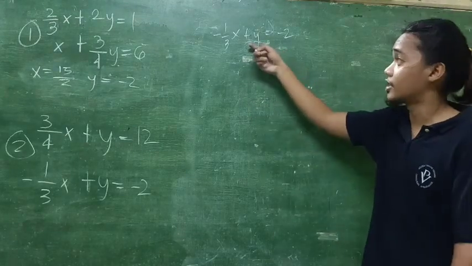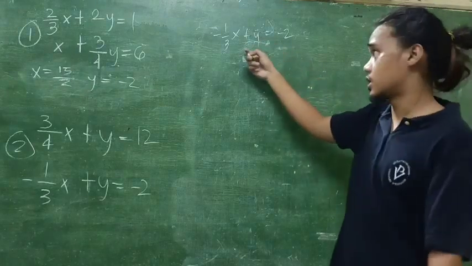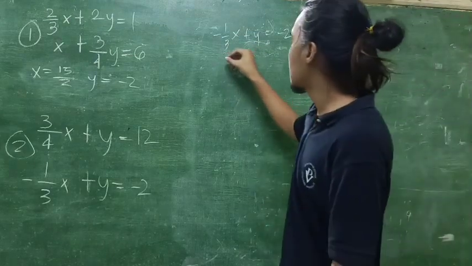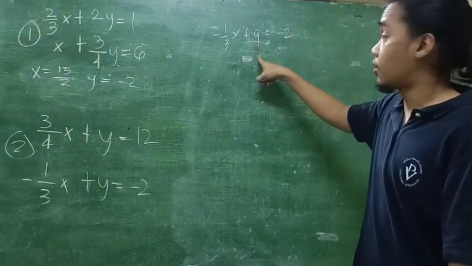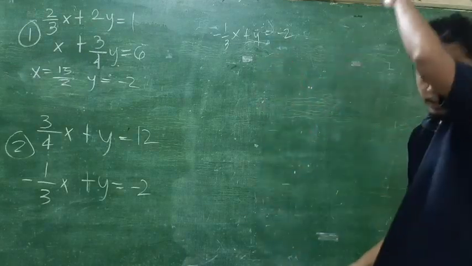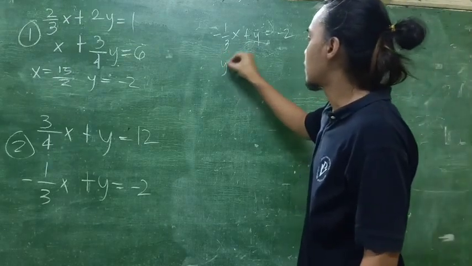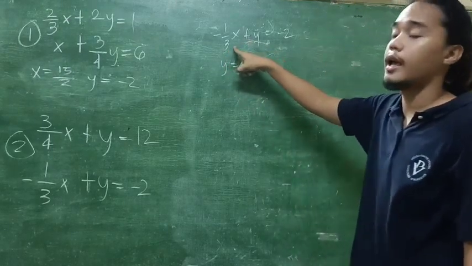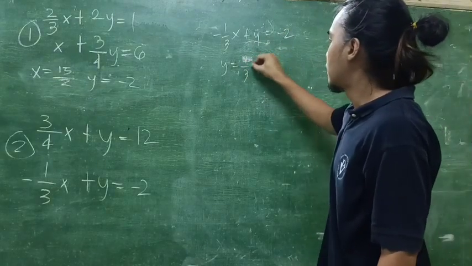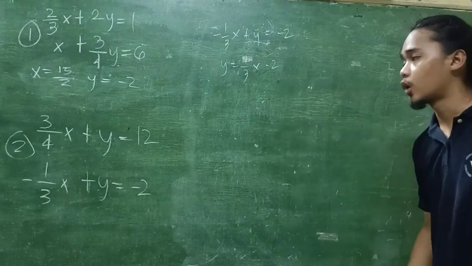It doesn't have a coefficient, so it is going to be easy if we use this instead of negative 1/3 x. I will just separate y from the equation. So y is going to be equal to transposing 1/3 x. It's going to be 1/3 x minus 2. So we have our y.